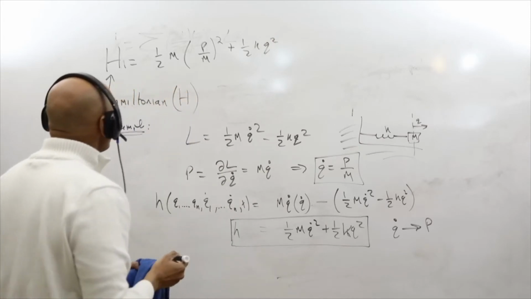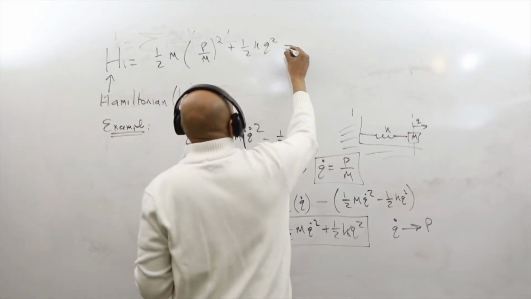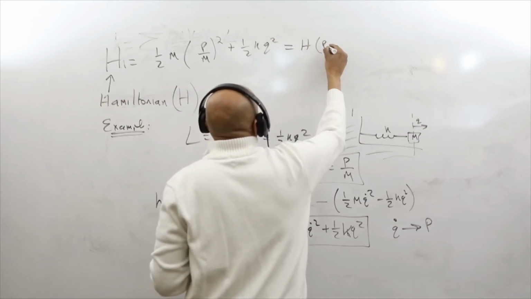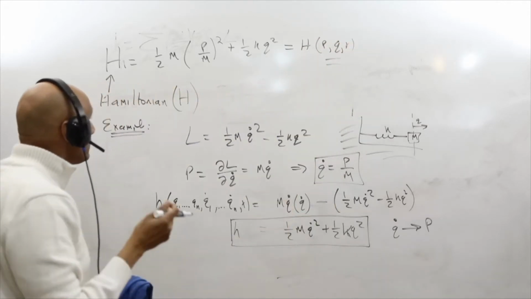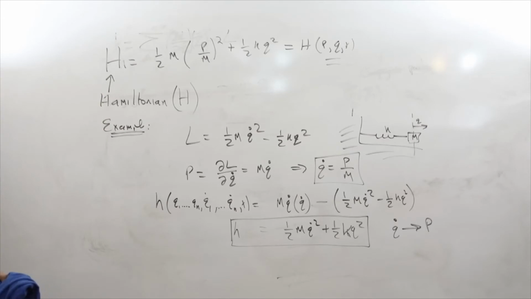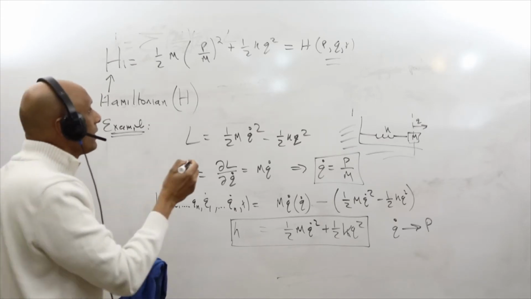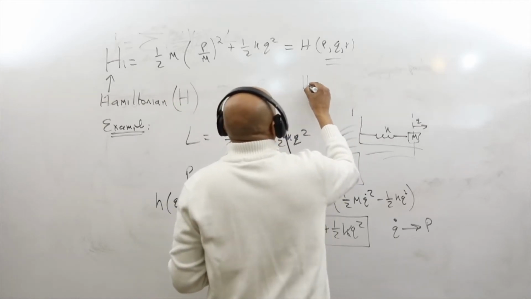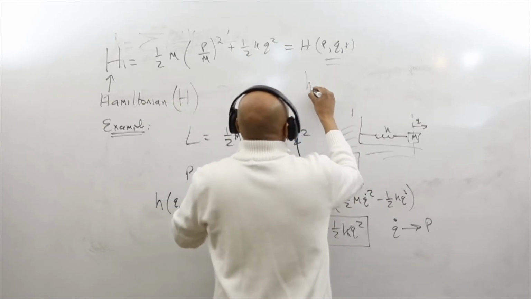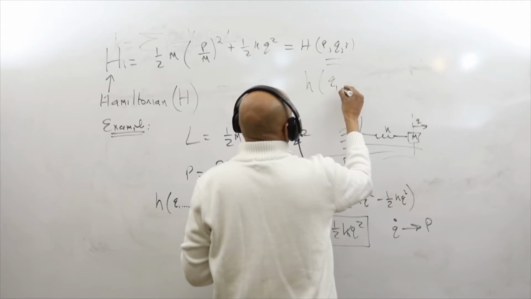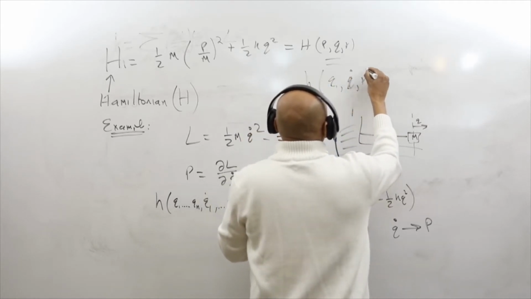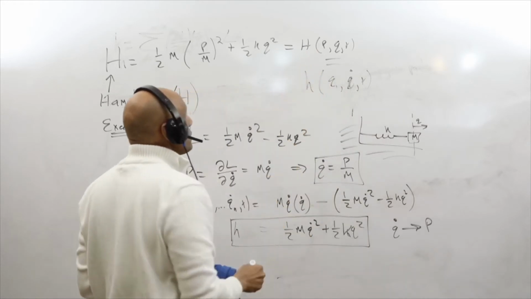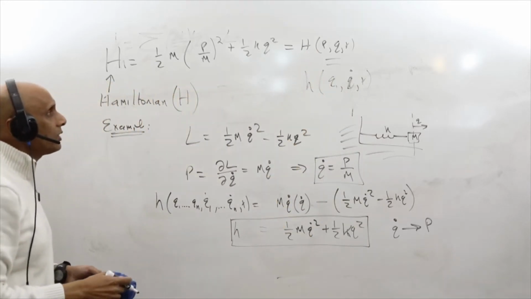And what's really interesting with the Hamiltonian is that this is a function of p's and q's and time. There is no q dot, and that's why I was using a lowercase h. So remember, the lowercase h is a function of q's and q dots and time, while the capital H consists of p's and q's.